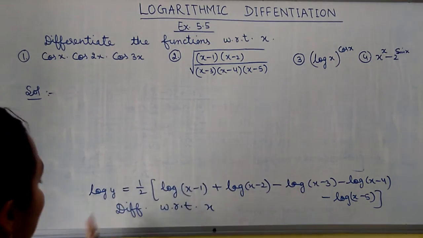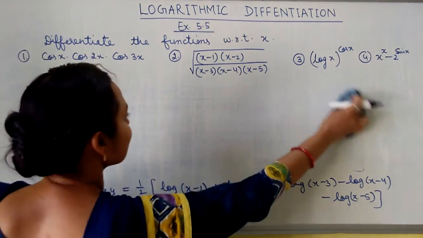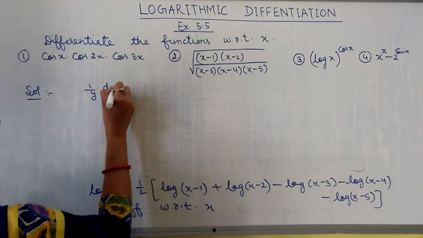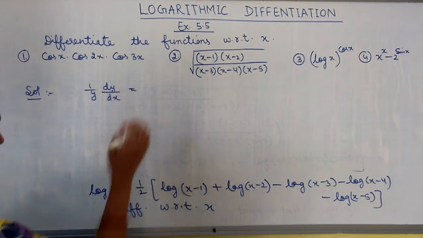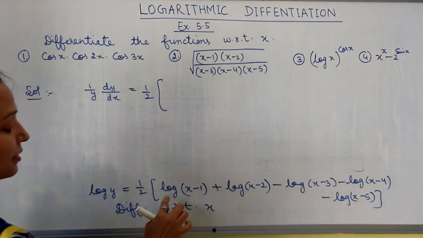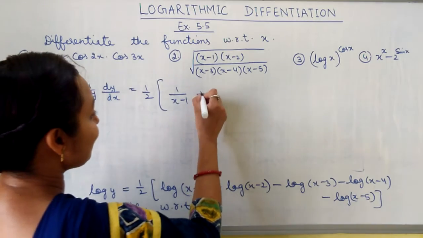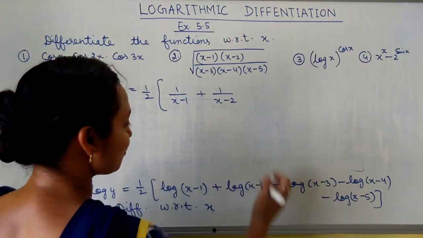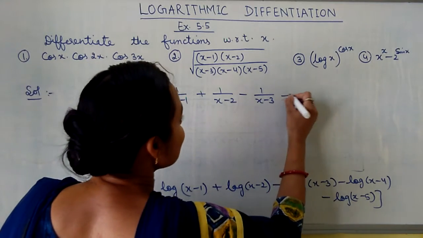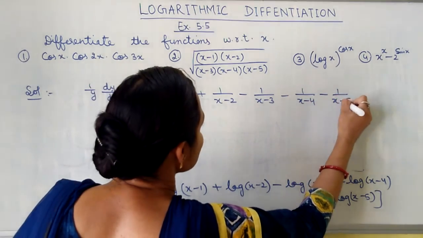Log y will equal 1 by y dy upon dx, the differentiation of this side. Now half as it is, and the differentiation of this is 1 upon x minus 1 plus 1 upon x minus 2 minus 1 upon x minus 3 minus 1 upon x minus 4 minus 1 upon x minus 5.